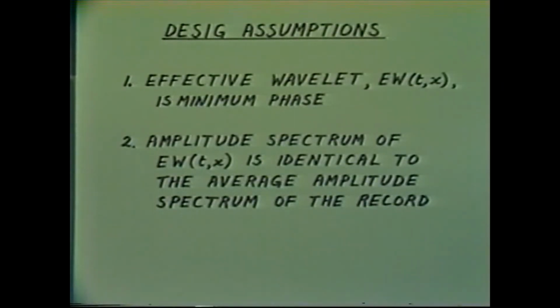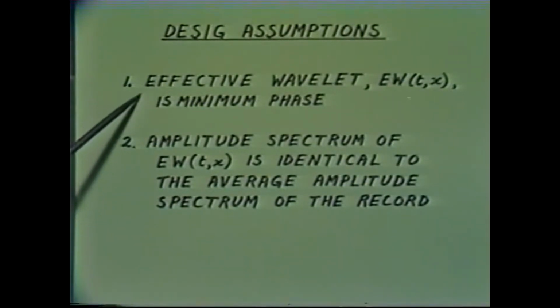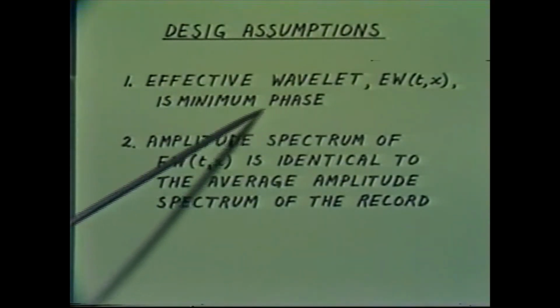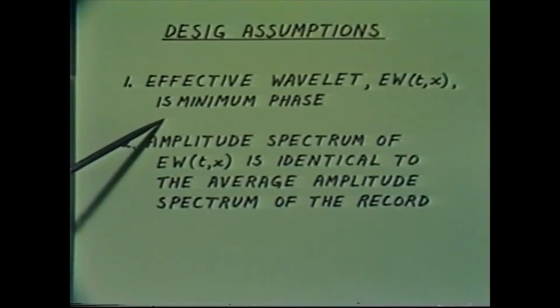Now, summarizing so far then, we've seen that for Designature, we can assume that the effective wavelet is minimum phase. Remember, this assumes that in the case of sources where the source wavelet is definitely not minimum phase, it has to undergo some preliminary processing to convert it to minimum phase.